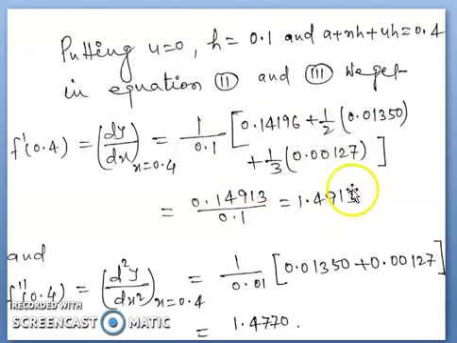It becomes, from equation number 2, the result 1.4913. Then we put u equal to 0, h equal to 0.1 and a plus nh plus uh equal to 0.4 in equation third, and we get f double dash 0.4 equal to d square y by dx square at x equal to 0.4, becomes 1 by 0.01 of this value. So the final result is 1.4770.